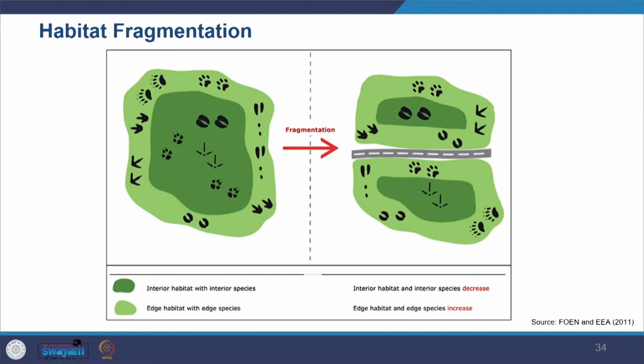And we also see that habitat fragmentation limits the regional dispersion for many species. So species which travel from region to region, it also limits that. And it is said that it's a very serious concern, and it's very much connected to climate change.